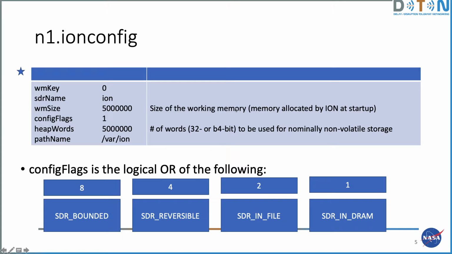The working memory is what Ion is going to be using as scratch memory, and the non-volatile storage is stuff that will be managed out of the SDR, and then the path name to where the journal is stored.